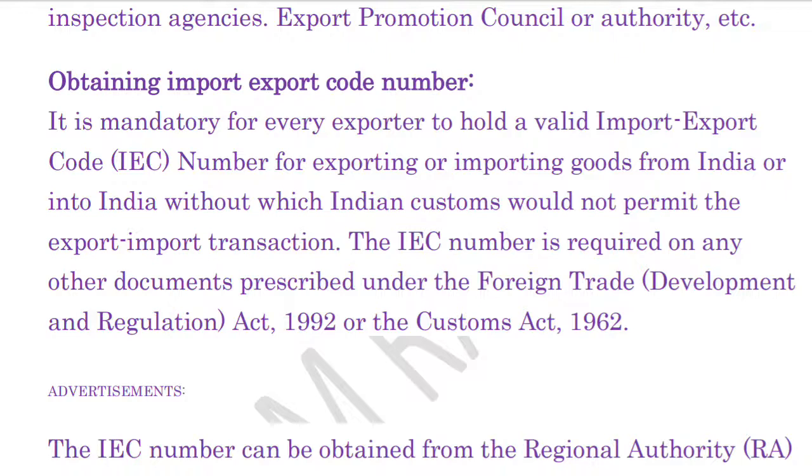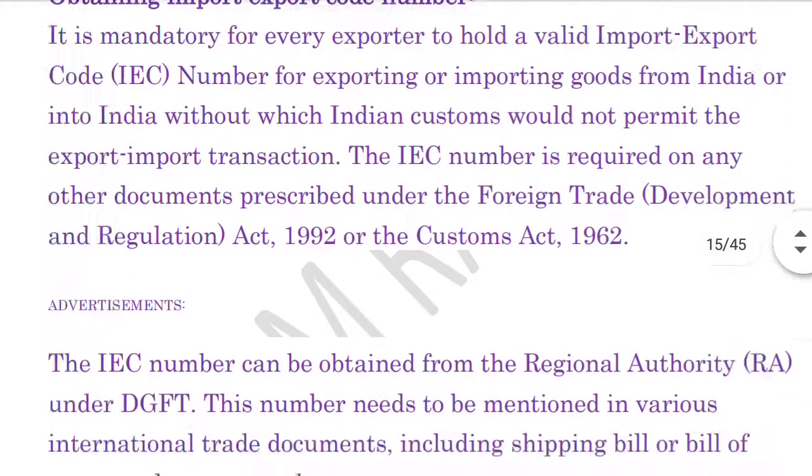The IEC number is required on any other document prescribed under the Foreign Trade Development and Regulation Act 1992 and the Customs Act 1962. So it is very important to get the IEC code issued from DGFT, then we can start import export.